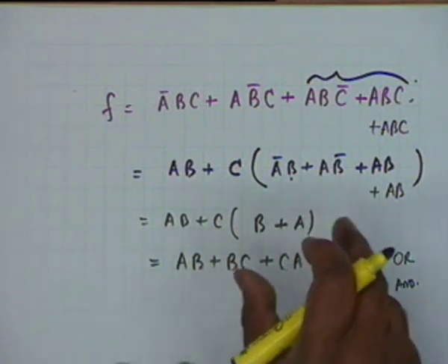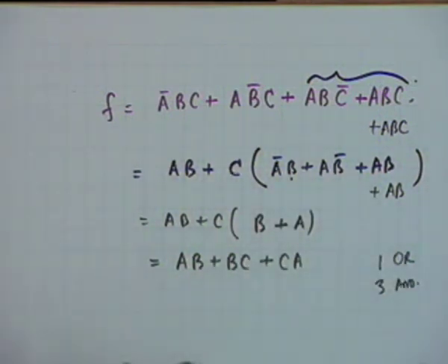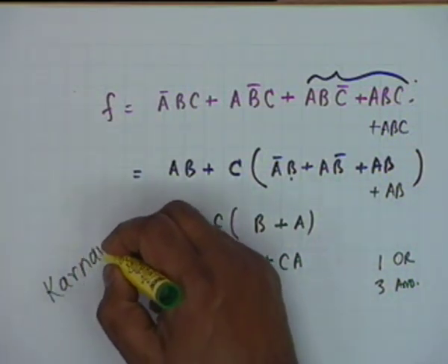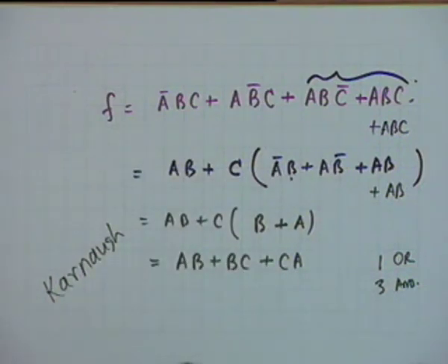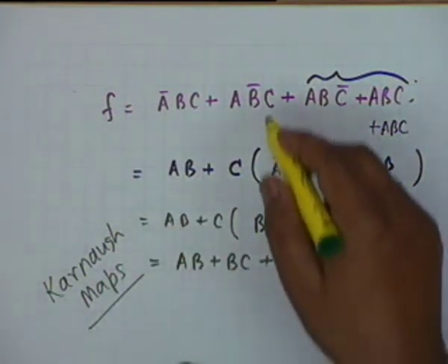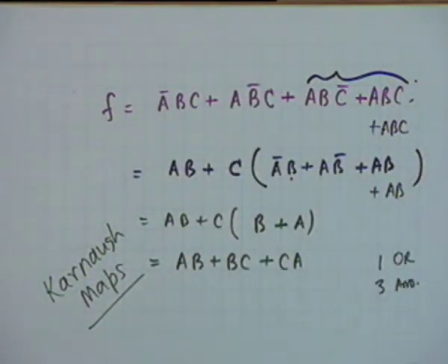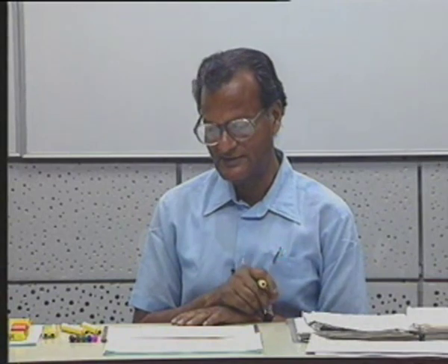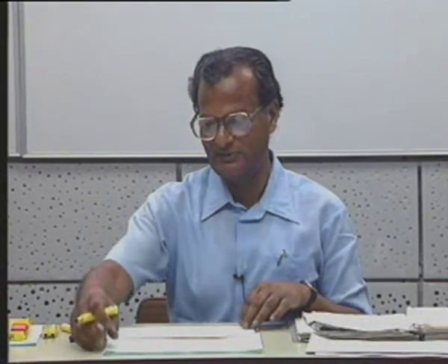Now there is a mechanization of this simplification, and this mechanization was done by a gentleman by the name Carnot, and we do it with the help of tables which are called Carnot maps. And I shall simply illustrate for this particular example. We are not going to Carnot maps in general, but just to give you a flavor of what a Carnot map is, we go into this example.